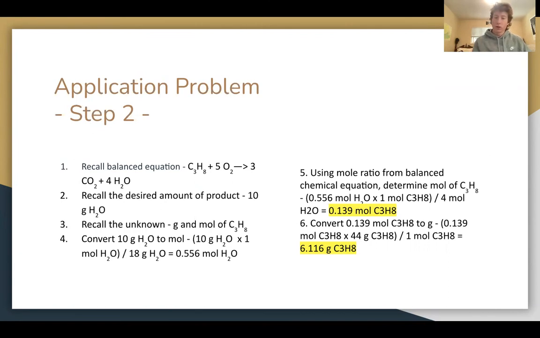And then using the mole ratio from the balanced chemical equation, you can determine the moles of C3H8, which would yield 0.139 moles of C3H8. And then using the molar mass of C3H8, you can find the amount of grams that is in 0.139 moles.